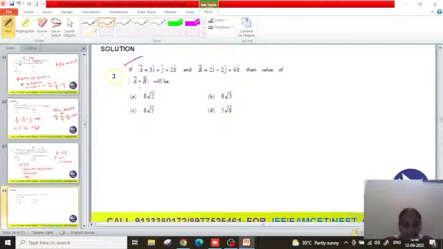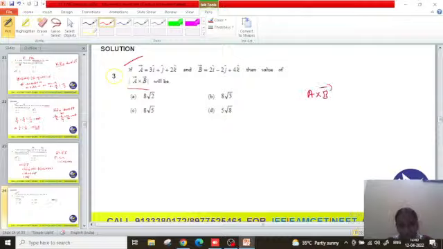Next problem is about the cross product of vectors or vector product of the vectors. A bar is equal to 3i plus j plus 2k, b bar is equal to 2i minus 2j plus 4k. They are asking the magnitude of a bar cross b bar. So we take the determinant.